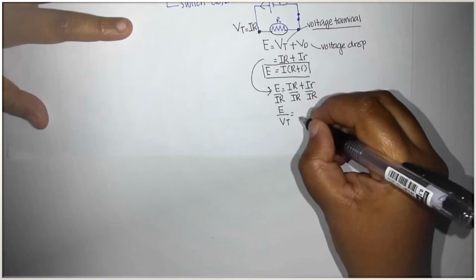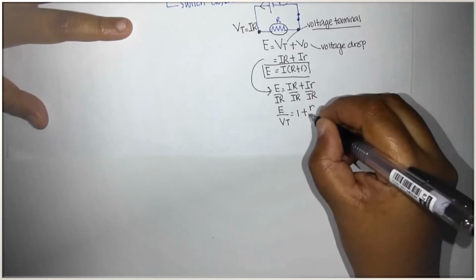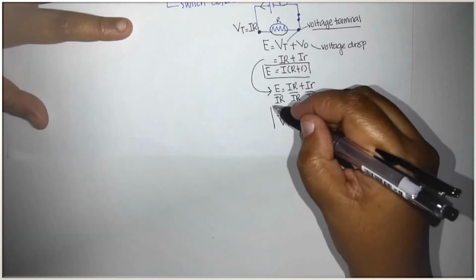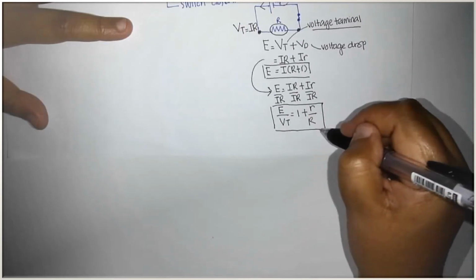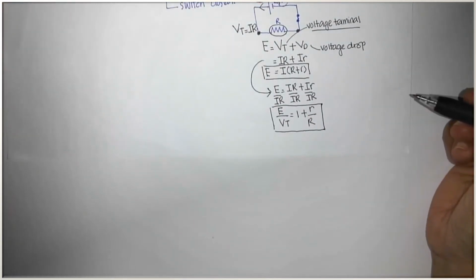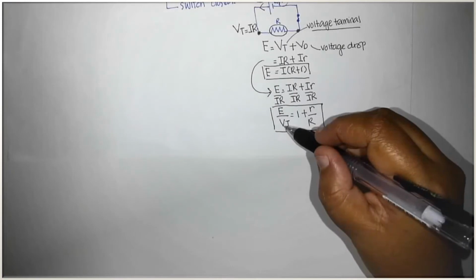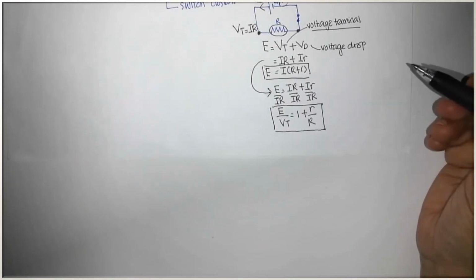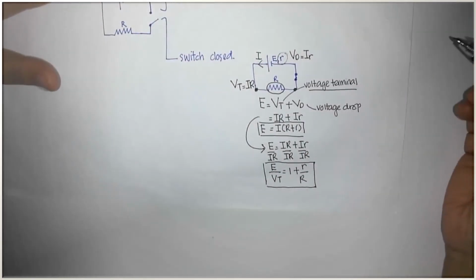I get E over VT equals 1 plus r over R. I can also make this into an equation which is a relationship between internal resistance, terminal voltage and EMF. So this is what we understand of the circuit.